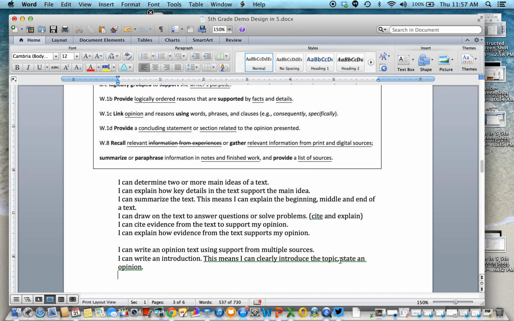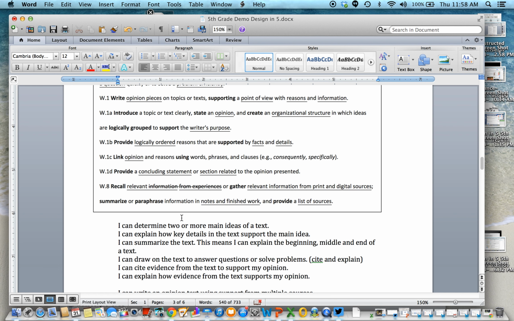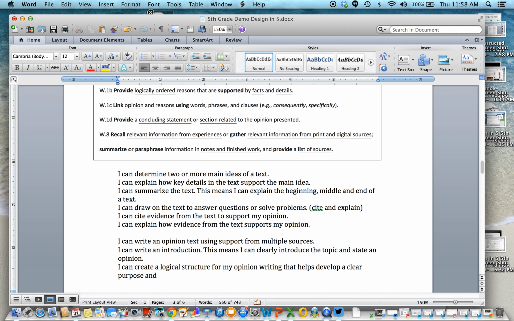This means I can clearly introduce the topic and state an opinion, and then I'm going to say I can create a logical structure for my writing that helps develop a clear purpose and helps the reader clearly understand my opinion.